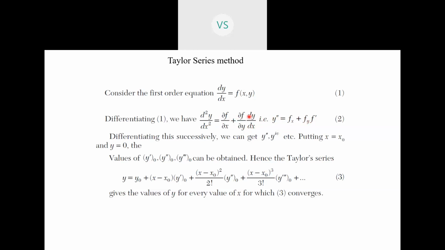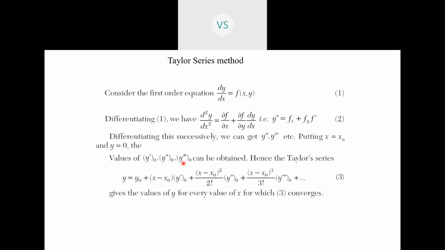So you are finding the value of d square y by dx square. In this way you have to find different values of y dash, y double dash, y triple dash. Dy by dx means y dash. From y dash you obtain y double dash, from y double dash you obtain y triple dash, and hence you find the further values.